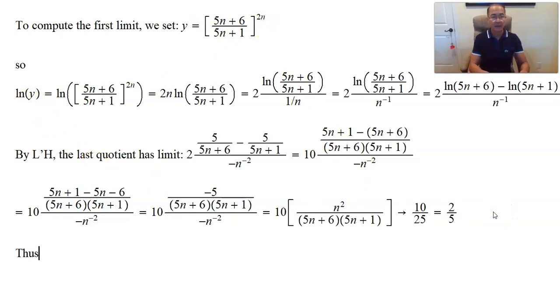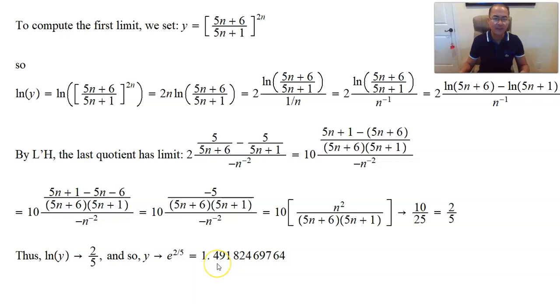Thus, ln of y goes to 2/5, and so y itself goes to e to the power 2/5. How much is that? Oh, Maple, you're approximately 1.49.